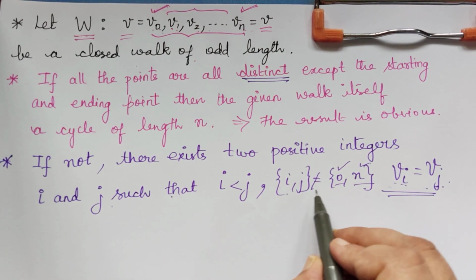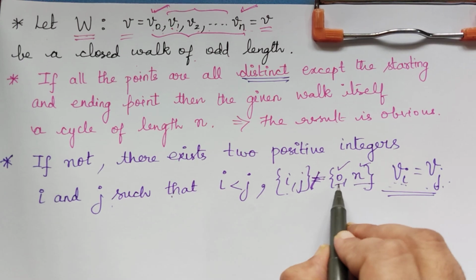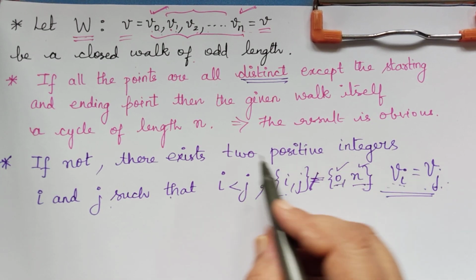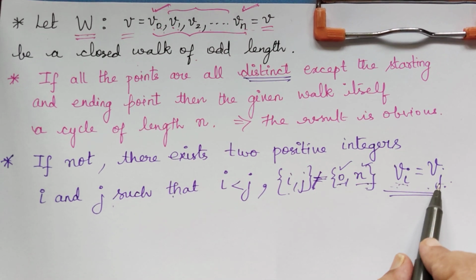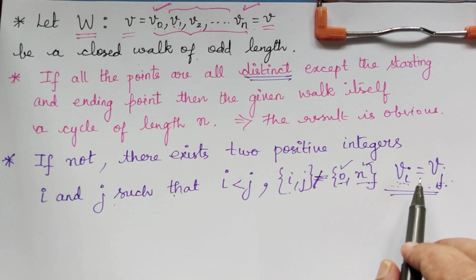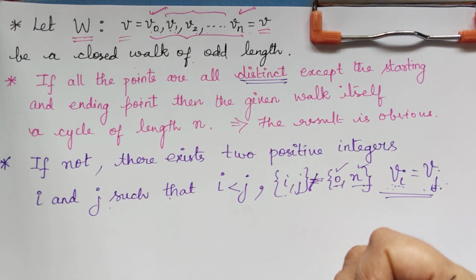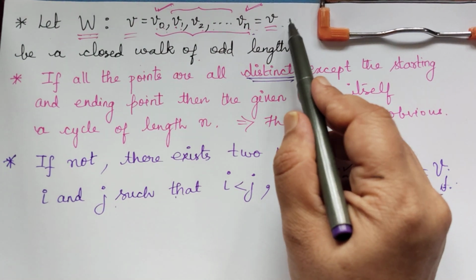For that reason only we have put that i and j are not equal to 0 and n. Except that, other internal vertices we are considering, and any two vertices will be the same, repeated. In such a case, we are going to break this one closed walk into two smaller closed walks.